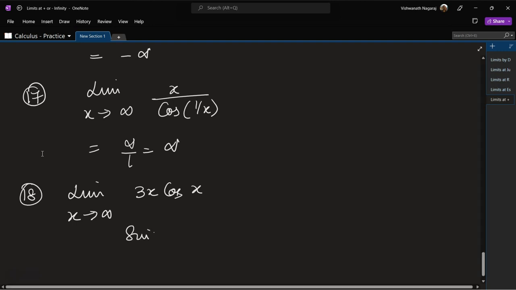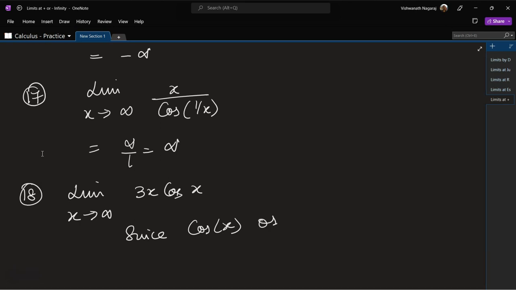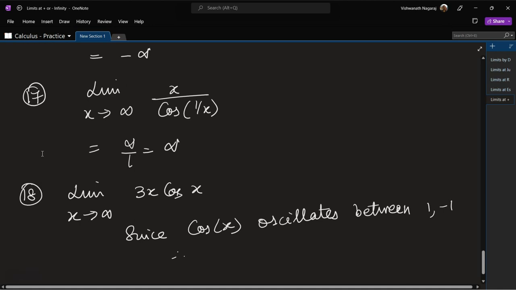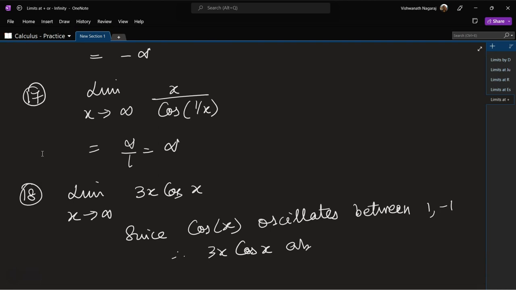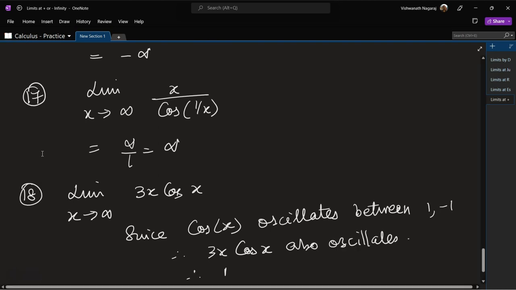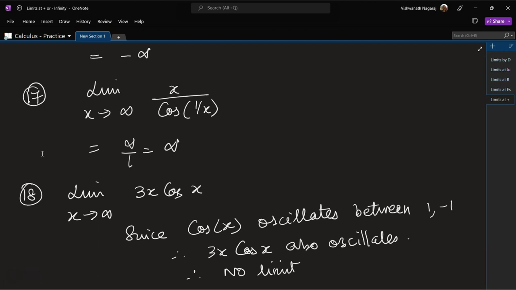So, since cos of x oscillates between 1 and minus 1, therefore 3x of cos x also oscillates. So, therefore, it doesn't settle down to a particular value. So, the limit does not exist.